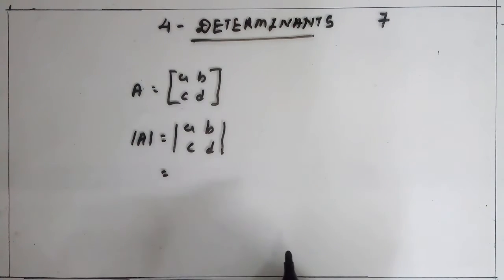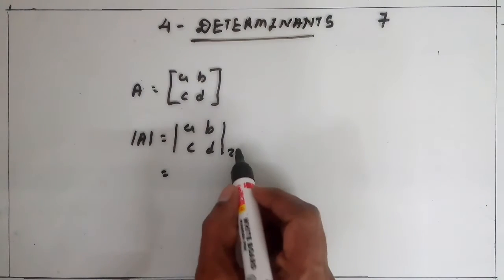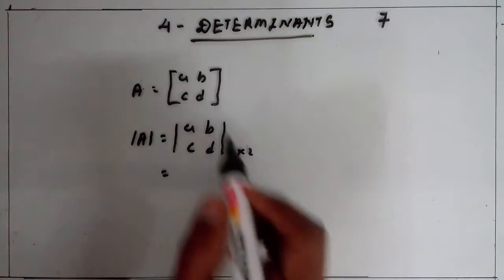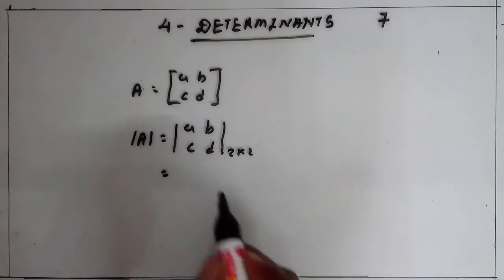And how do we get this real or complex number? Remember this. This is a 2 cross 2 order determinant we obtain from this 2 cross 2 order matrix.